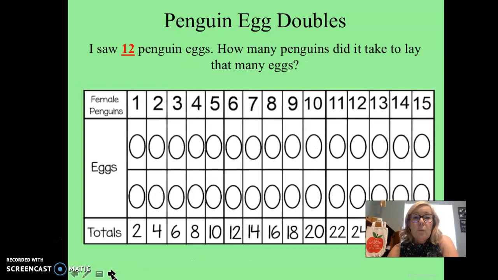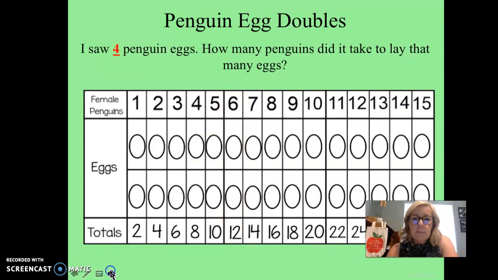I saw 12 penguin eggs. How many penguins did it take to lay that many eggs? I saw 12 eggs. So we're looking for 12 eggs. How many penguins did it take to lay that many eggs? If you said 6, you are correct. I saw 4 penguin eggs.